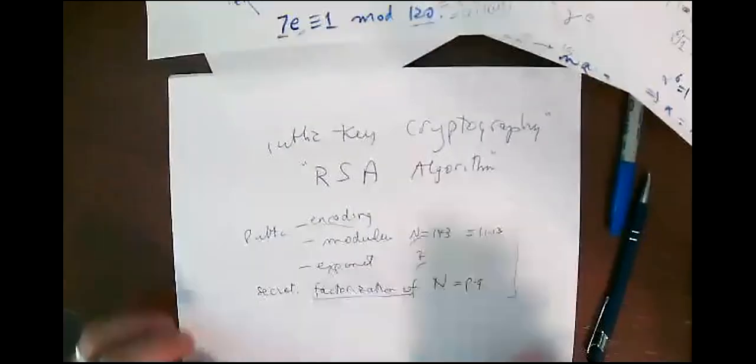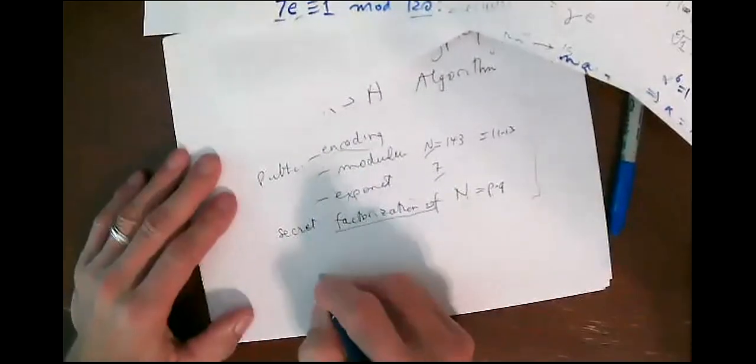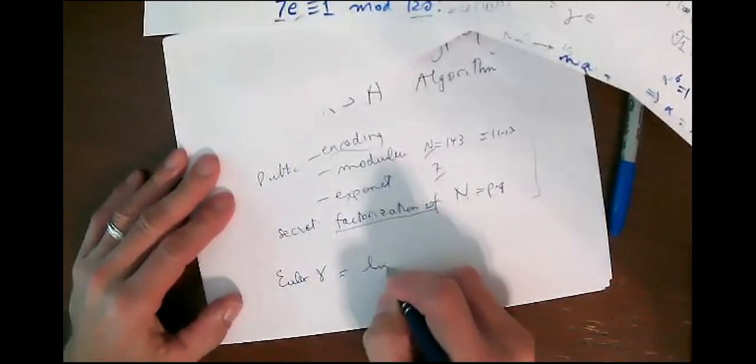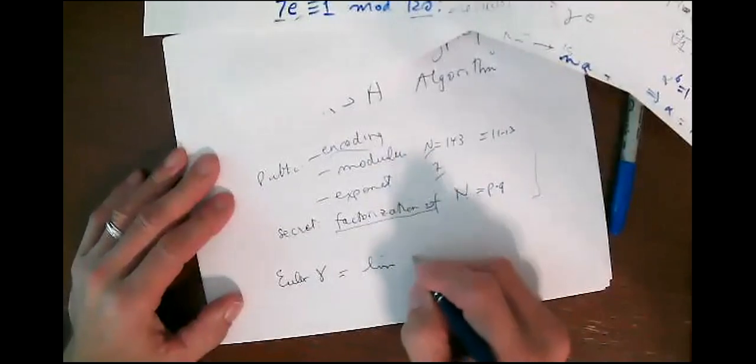And about this gamma constant, is it related to the gamma function? Oh, no. So the Euler gamma is defined to be a limit.